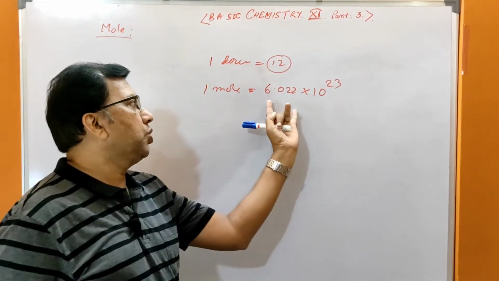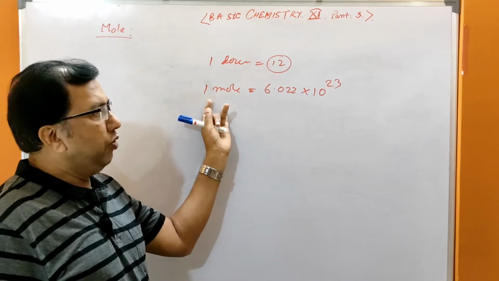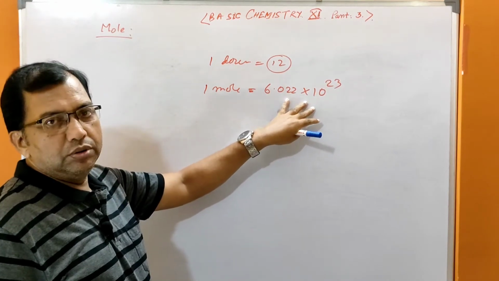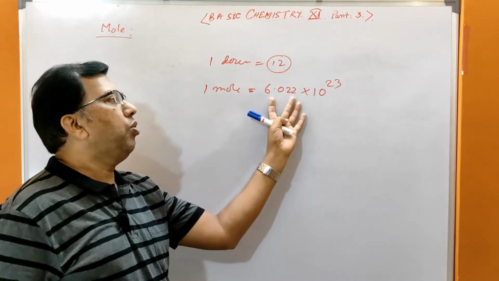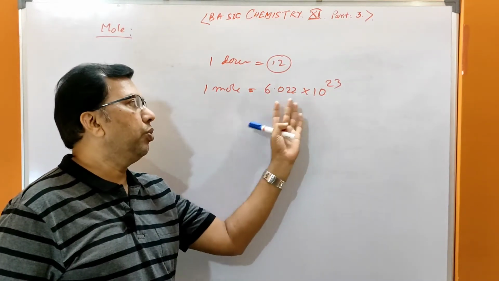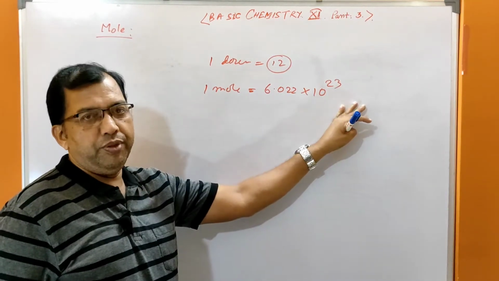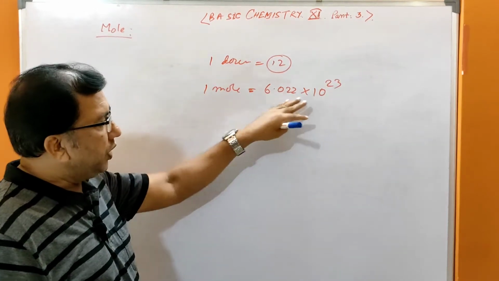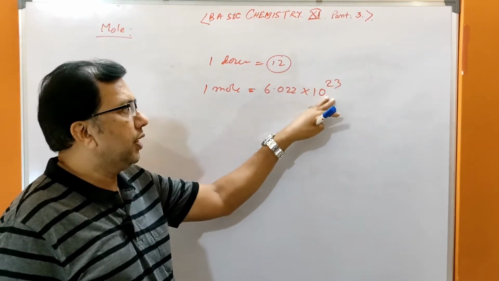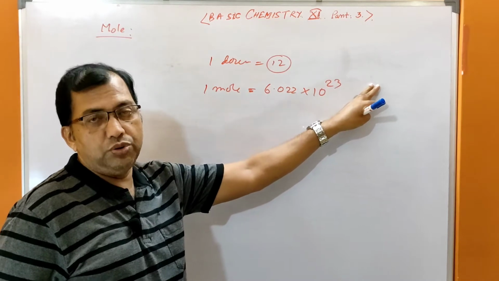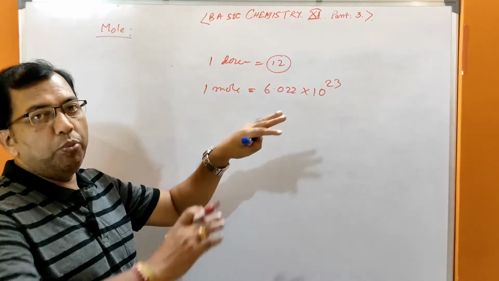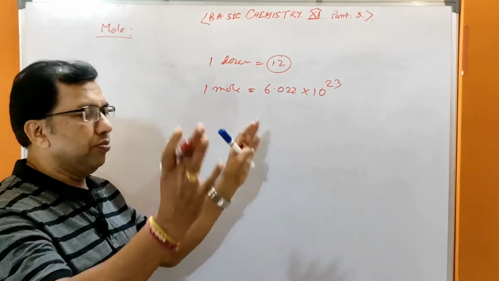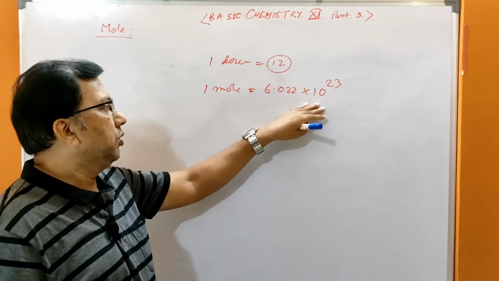This amount is known as 1 mole. If we write only 1 mole, that means this amount of atoms, molecules, ions, anything. How big is that number? 10 to the power 23 means 23 zeros, multiplied by 6, so many numbers of pens, so many of anything you want.